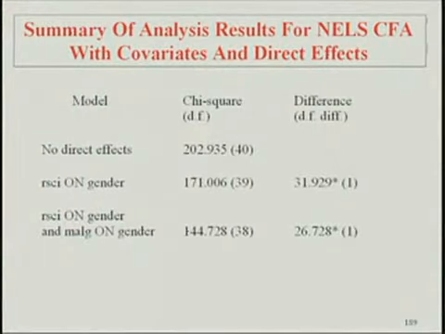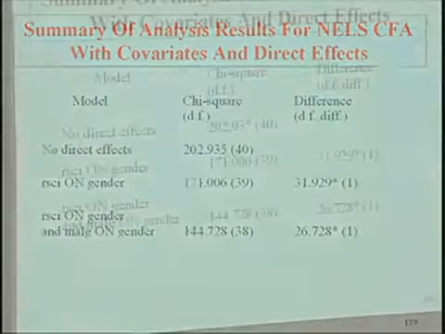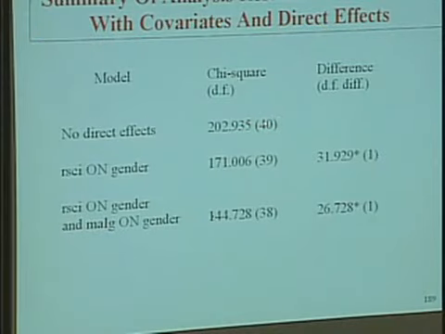So we didn't talk about difference testing. That was a slide that we skipped. But basically, you can test nested models by taking the difference in chi-square and the difference in degrees of freedom, and then checking a chi-square table to see whether what you did significantly improved or deteriorated the fit of the model. So that's what I've done here with these direct effects. I took a model that had no direct effects, and the chi-square is 202.935 with 40 degrees of freedom.